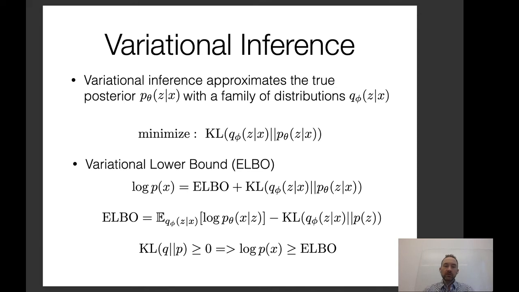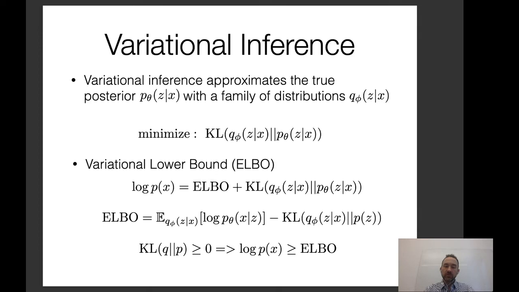These are also called the inference network, or the inference distribution. And we try to train the model so that the KL divergence between the inference distribution q and the true posterior distribution p theta is minimized.